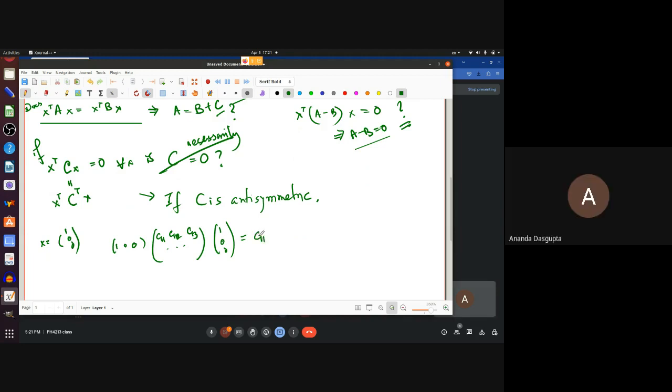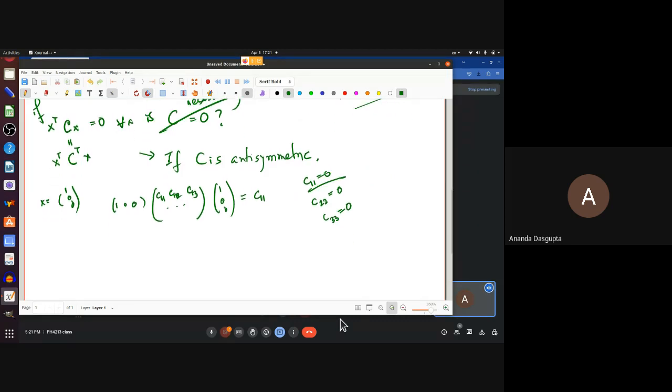C11. So we get C11 is 0. That much is easy. What about C22? How would you prove that that is 0? Take 0, 1, 0. Exactly. And x equal to 0, 0, 1 will easily prove C33 is 0.